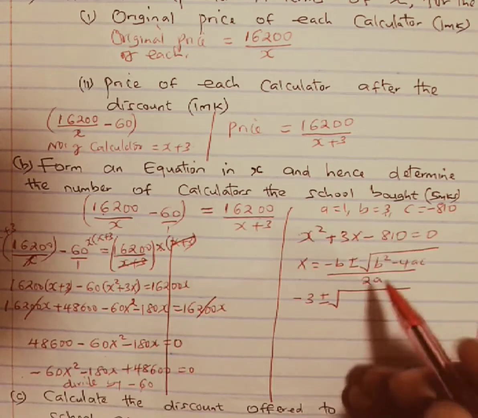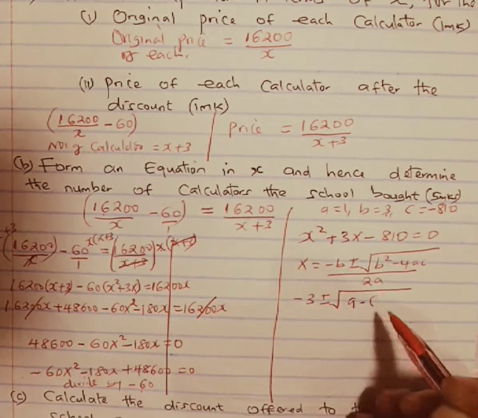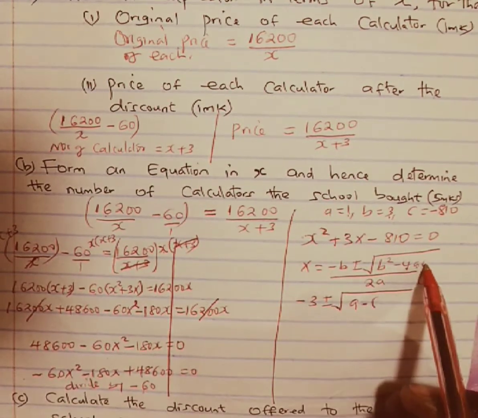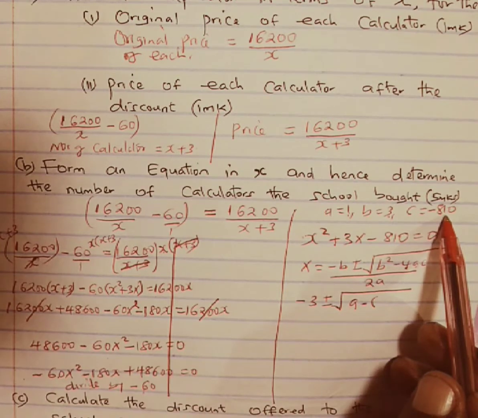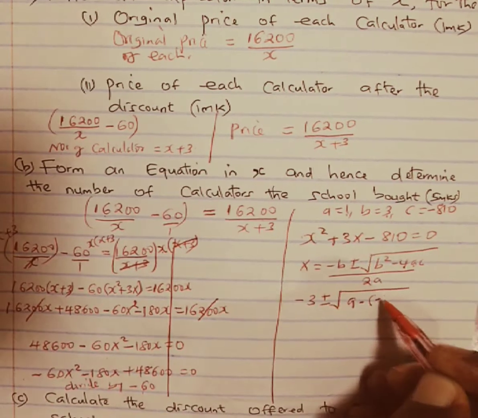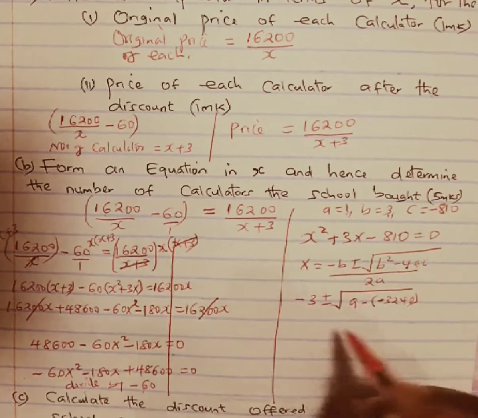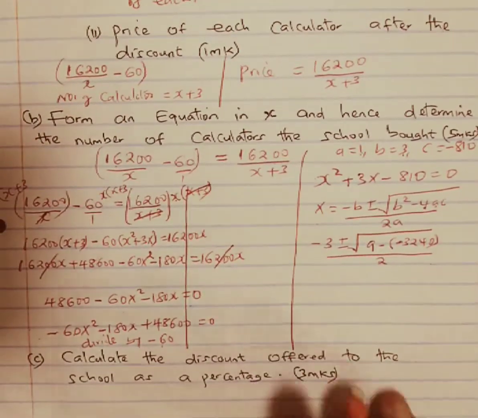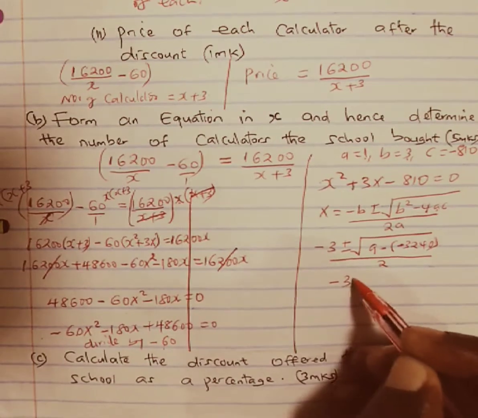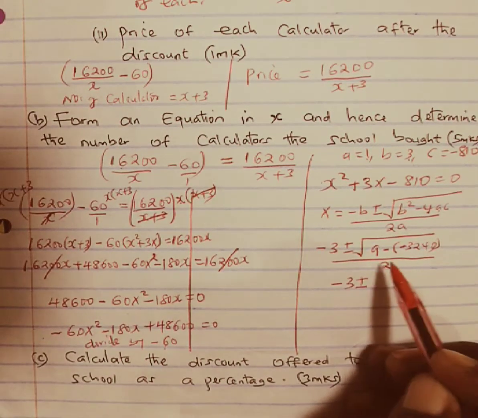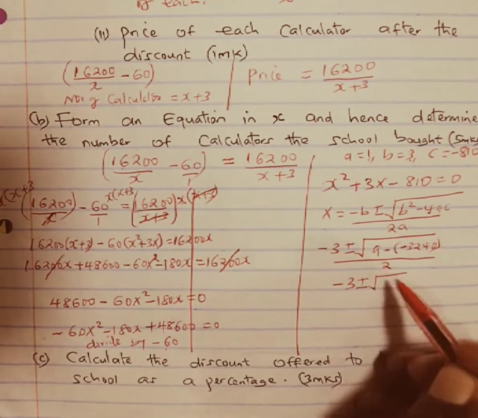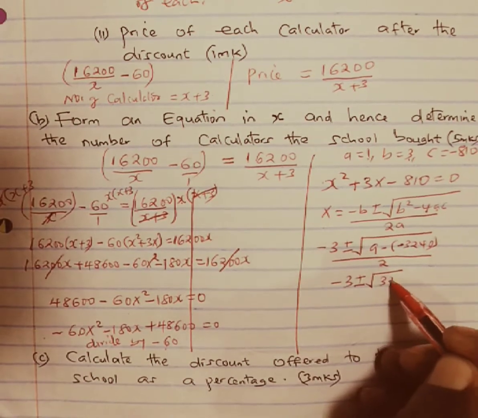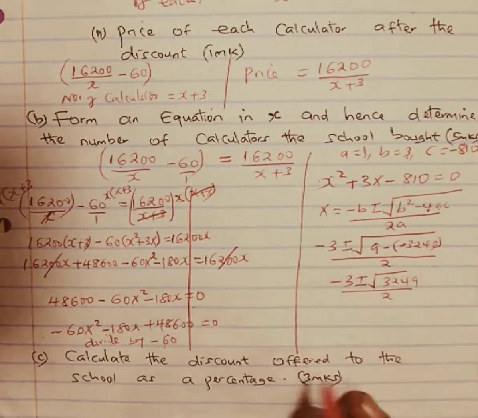B is 3, so 3 squared would be 9, minus 4 times a, which is 1, times c, which is negative 810, which will give us negative 3240, everything divided by 2. So if you move down, we are going to have negative 3 plus or minus the square root of 9 minus minus is a plus, so we will have 3249, everything divided by 2.